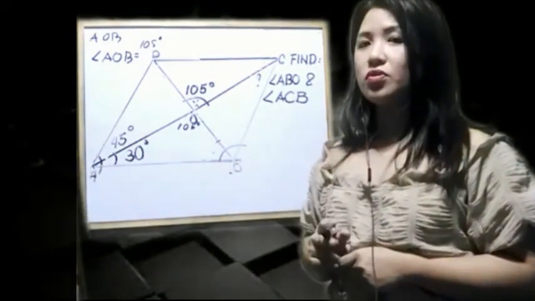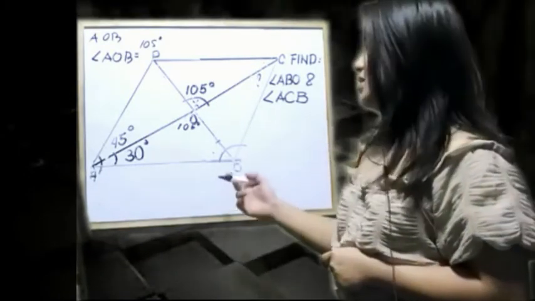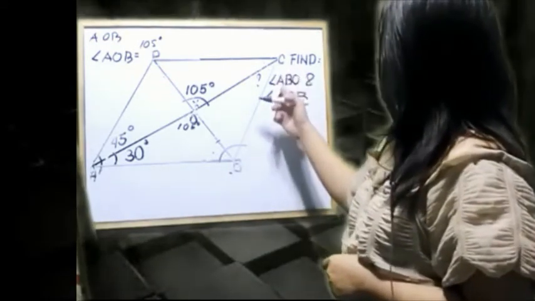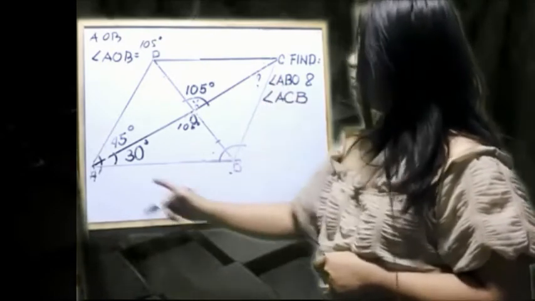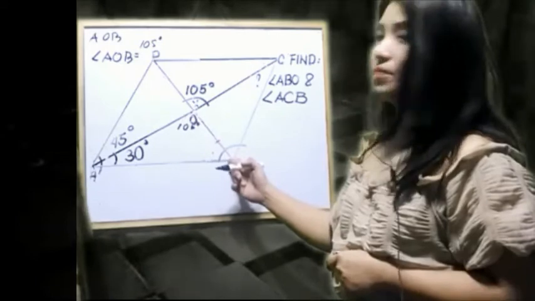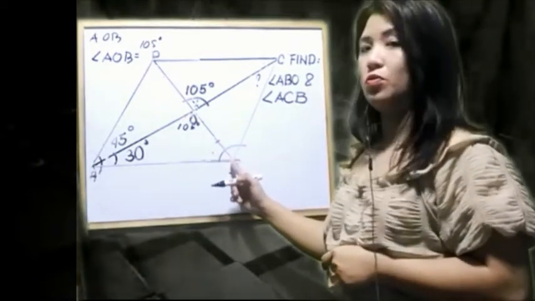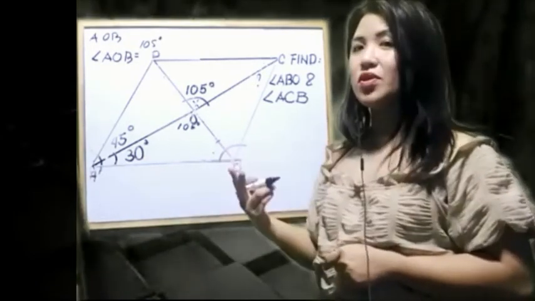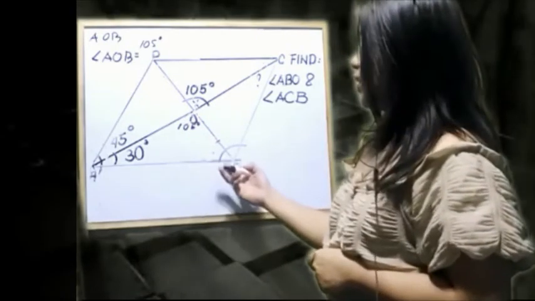The total degree measure of a triangle is 180 degrees. Going back to the question, you are being asked to find the measure of angle ABO, which is here. In order to find the measure of the angle ABO, all you have to do is take note: the sum of the measures of the angles of a triangle is equal to 180 degrees.